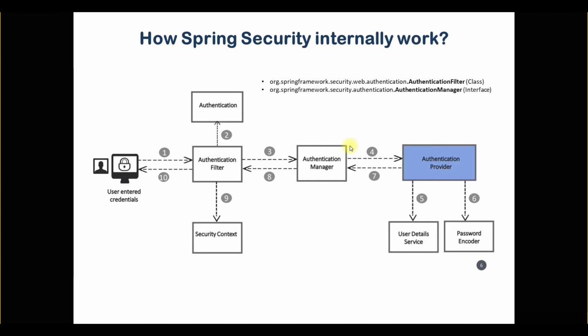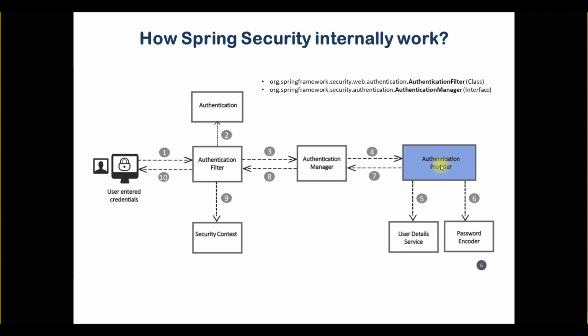Then the second term is the authentication manager. Once that particular authentication object is built, the request will be passed to the authentication manager, and it is the place where it will identify the correspondent authentication provider that my request has to go to. We have many ways to validate user credentials: you may use the database, or you may use an LDAP server, or you may use OAuth.